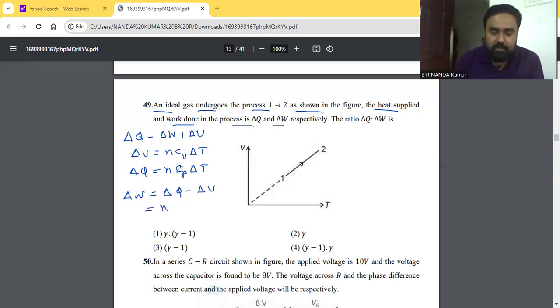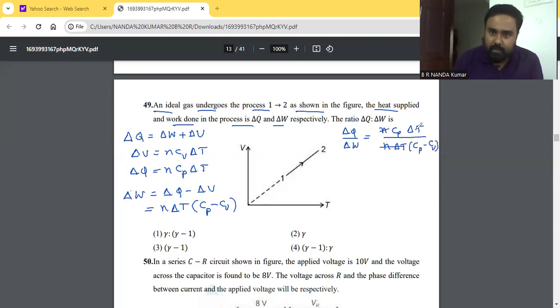That is, n Cp delta T minus n Cv delta T. So taking n delta T common, we get Cp minus Cv. Is it right? So delta Q divided by delta W is n Cp delta T divided by n delta T of (Cp minus Cv).